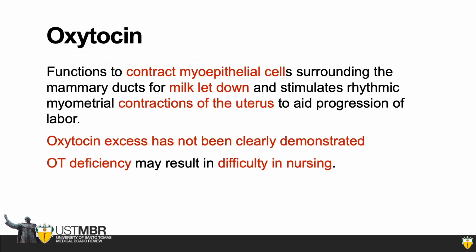Oxytocin is important for contracting myoepithelial cells surrounding the mammary gland for milk letdown. Also important for contraction of the uterus after labor. Generally, excess has not been clearly demonstrated, but deficiency may cause difficulty in nursing or atony of the uterus postpartum.